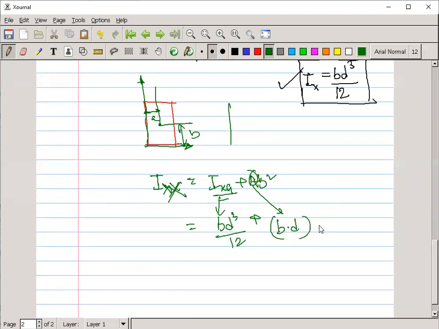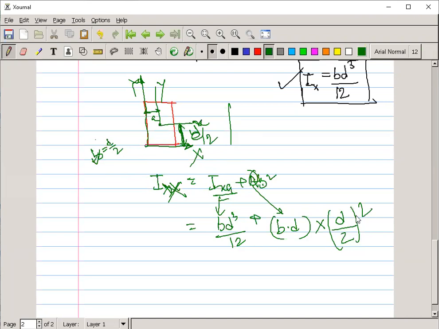And the distance between the two axes, this is your small x small y, this is your capital X capital Y, this distance for this present problem is d by 2. This is the formula I have given, I of x is equal to I of xg plus a b square, but in this problem that b we have denoted as d by 2. For this present case, this b means the b in the formula.